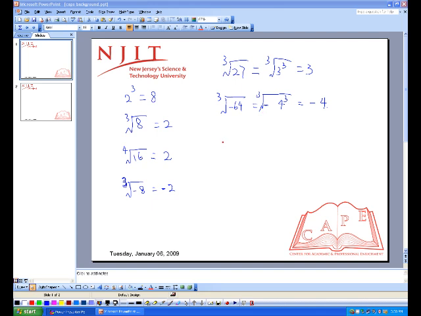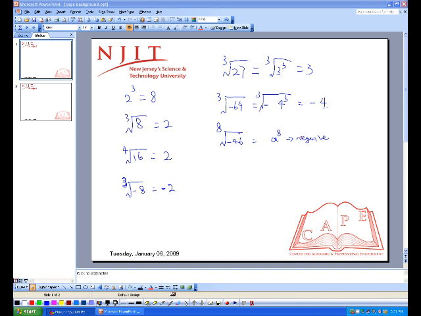Now, one thing you have to pay attention to is that there is no even root of a negative number, for example, the 8th root of negative 46. If you have an even root, that means you have to find a number, let's call it A, such that A taken to the 8th power gives you a negative number.